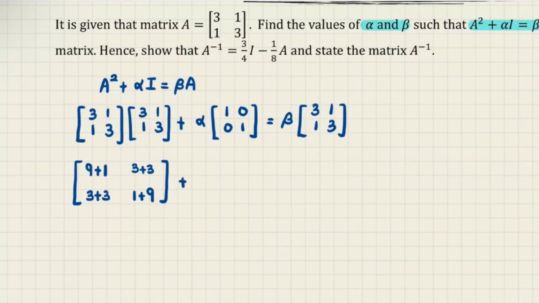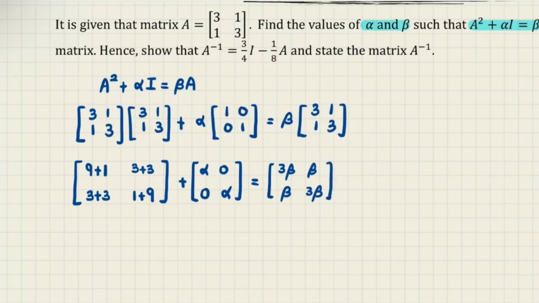Plus constant, okay, scalar darabkan dengan matrix dia akan jadi alpha 0, 0, alpha equals to beta darabkan dengan matrix akan jadi 3 beta, beta, beta, 3 beta. Okay.